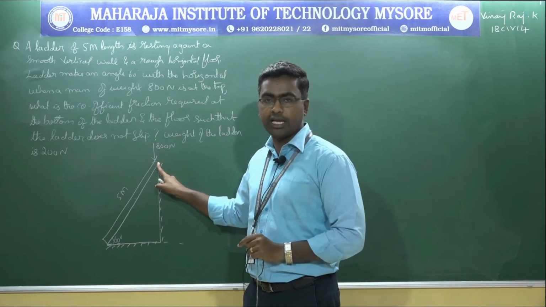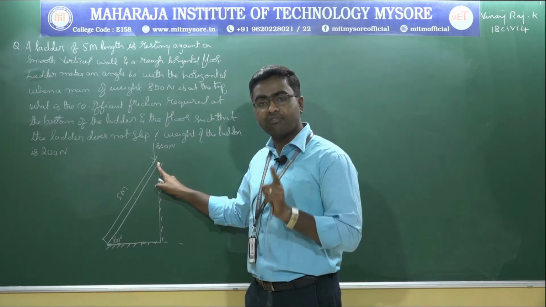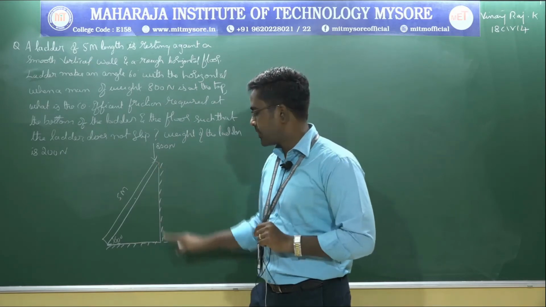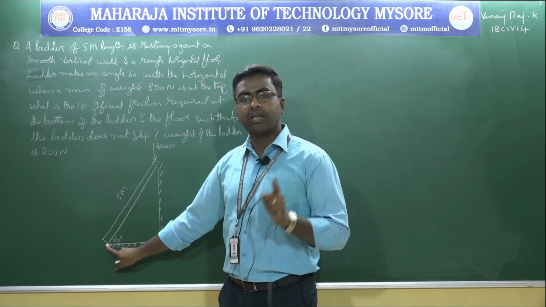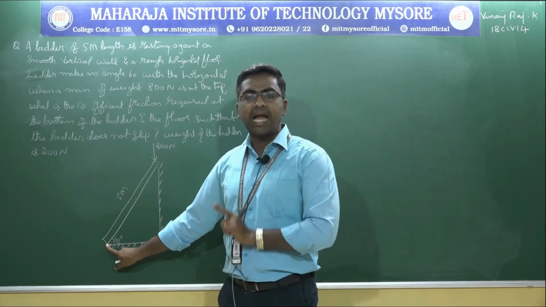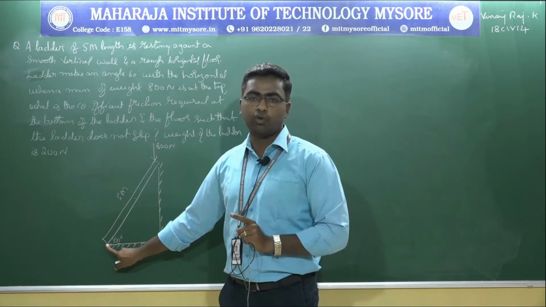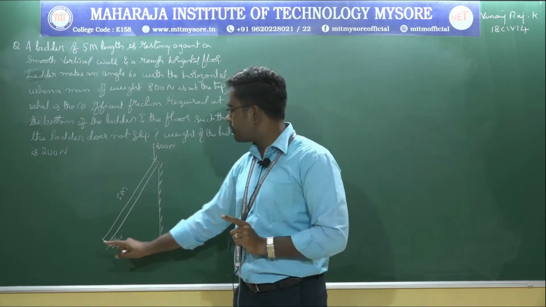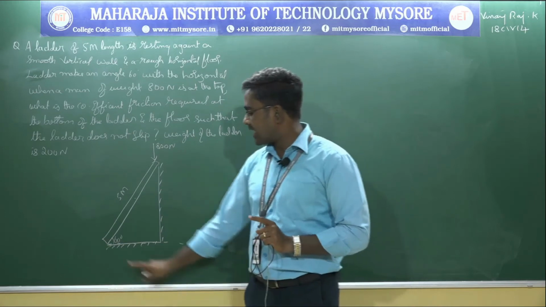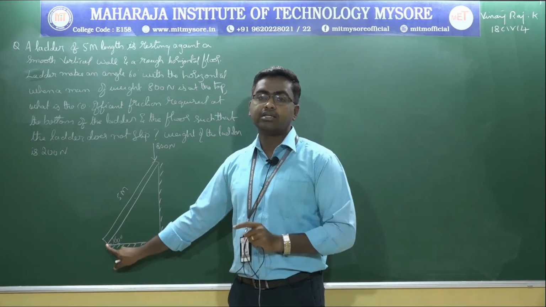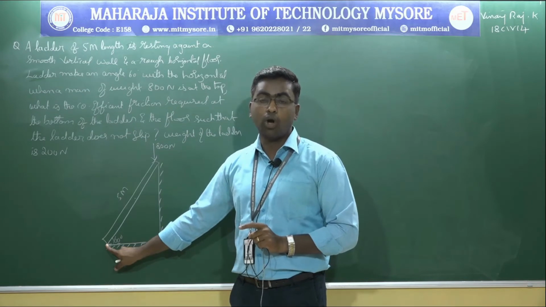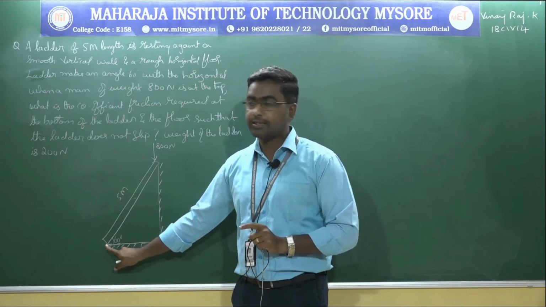There is a rough horizontal floor, so there will be friction between the ladder and that floor, right? And the mu value between the ladder and this horizontal floor is what I need to find out here.